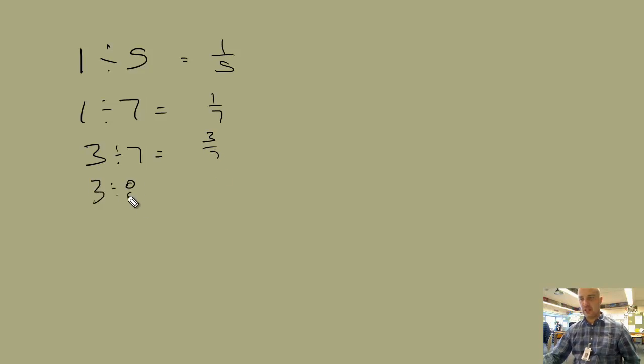Let's test something here. What is 1 divided by 5? 1/5, right? What's 1 divided by 7? 1/7, right? What is 3 divided by 7? 3/7, right? What is 3 divided by 8? 3/8.